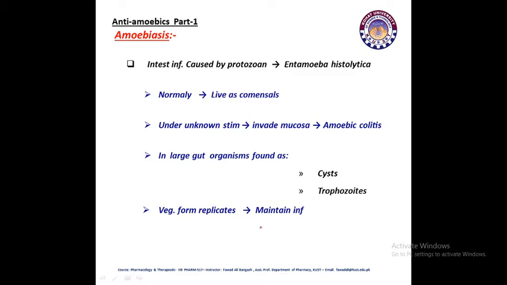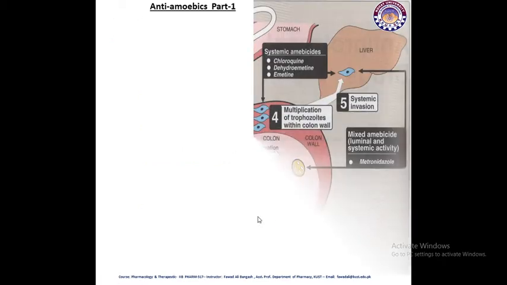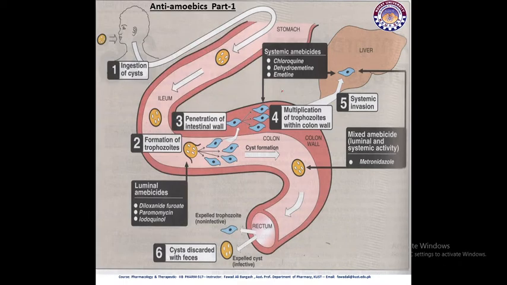The vegetative form replicates and maintains the infection. This is the diagrammatic pathogenesis of amoebiasis.